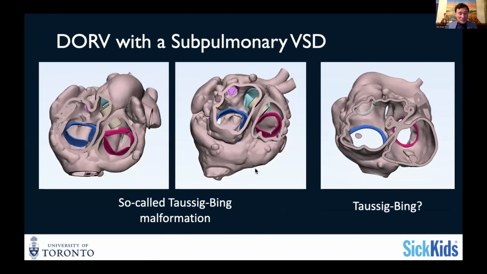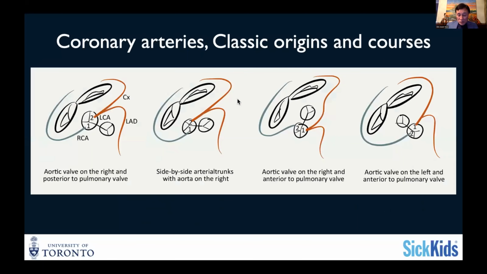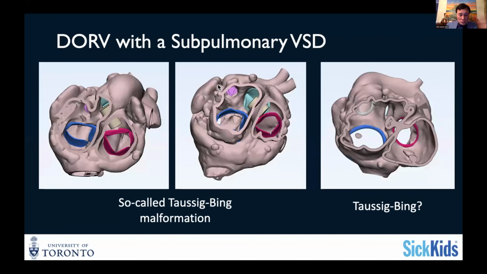Okay, however, it is a living misnomer. Why? These two are classic Taussig-Bing malformation: double outlet right ventricle with subpulmonary VSD. Here the outlet septum is moved to the right side, leaving the ventricular septum in the usual position.